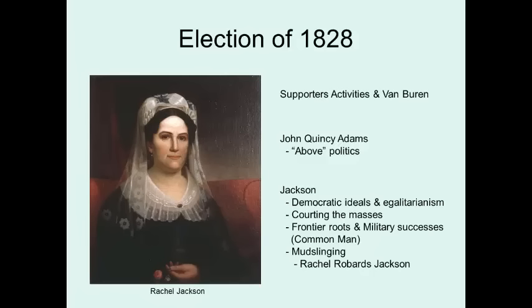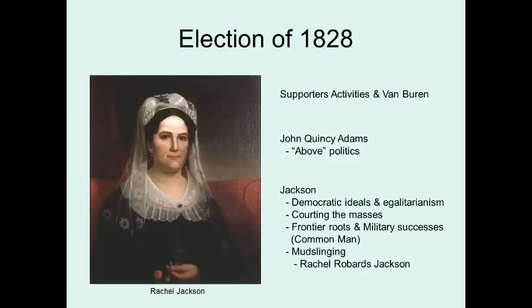Jackson, however, takes a very, very different approach. Jackson realized that there was this rising spirit of democratic ideals and white male egalitarianism. He recognizes this, that people are demanding more and more equality, that people expect to be treated fairly and not be expected to give deference.